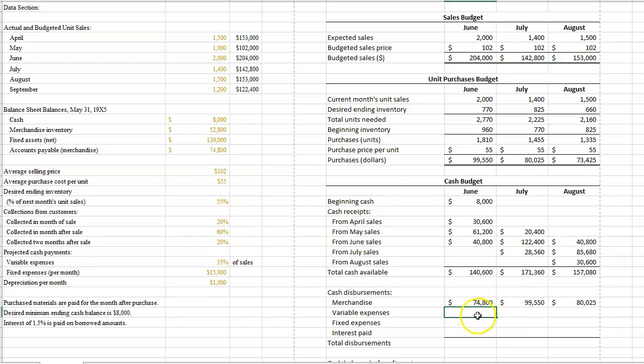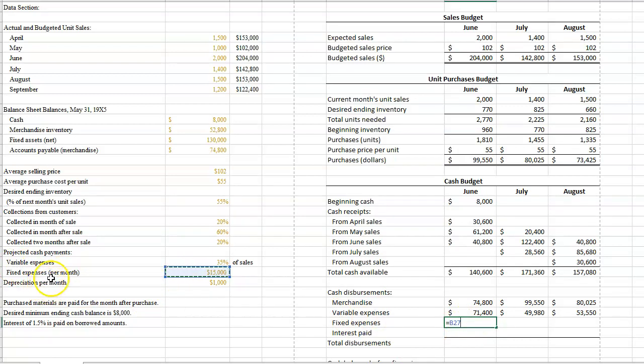Variable expenses, they tell us those are 35% of sales. So 35%, absolute it, times budgeted sales, drag it over. Next, fixed expenses, 15,000.